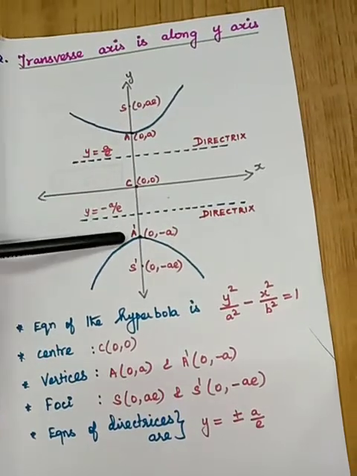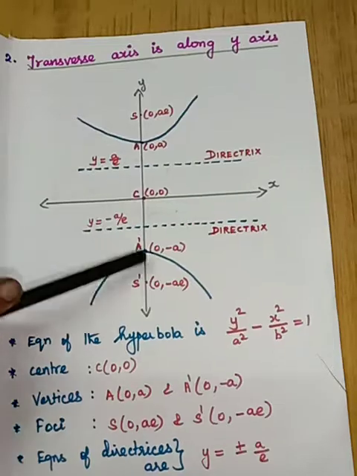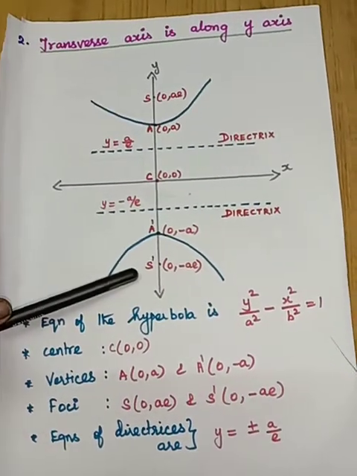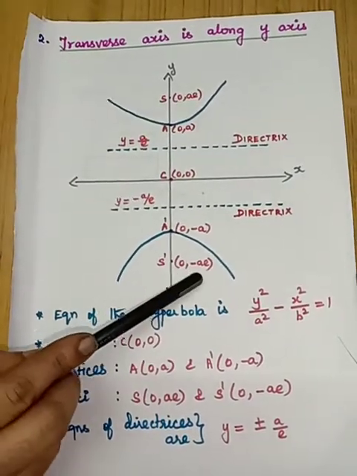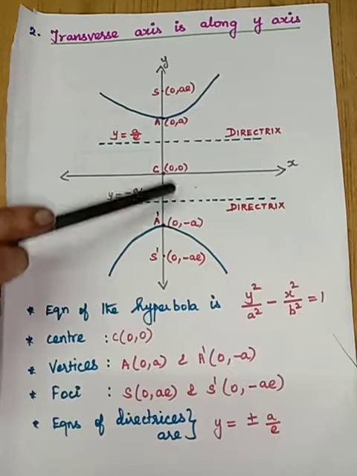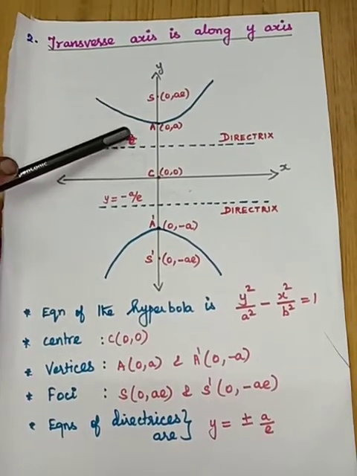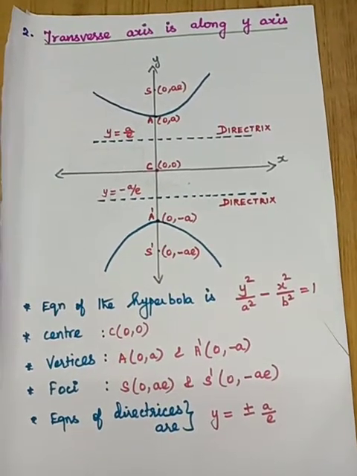A and A' are the vertices whose points are (0, a) and (0, minus a). S and S' are called the foci, (0, ae) and (0, minus ae). These two are the directrices whose equations are y is equal to a by e and y is equal to minus a by e.